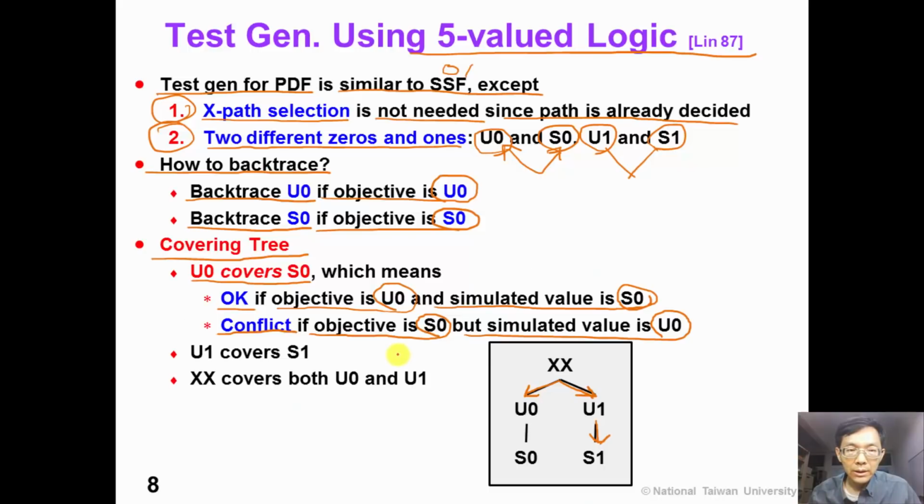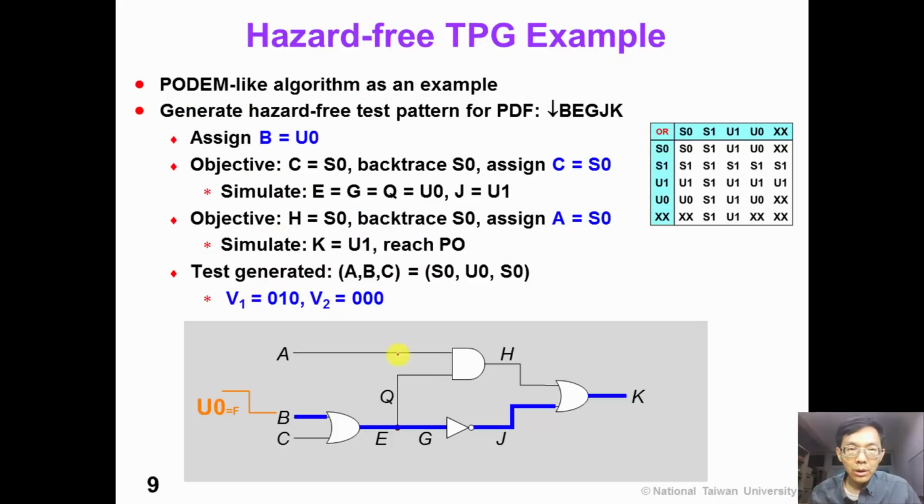So let's see an example to generate hazard-free test patterns. Let's use a PODEM-like algorithm as an example. Suppose we want to generate a hazard-free test pattern for the path B-E-G-J-K, which is highlighted in blue color.